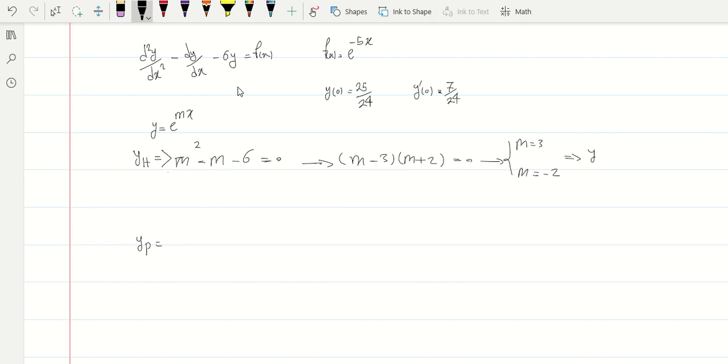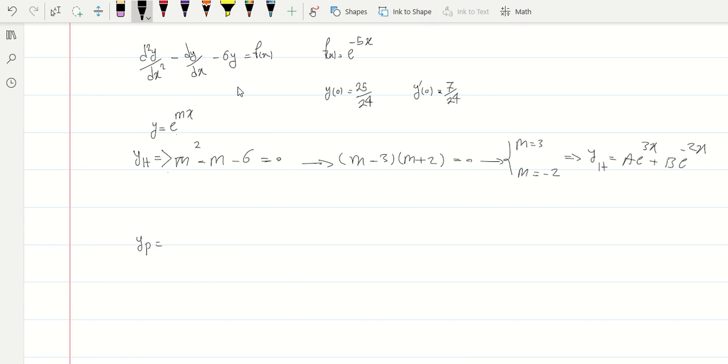That means our homogeneous answer would be a times e to the power of 3x plus b e to the power of minus 2x. Because we find the m values here and we substitute them into the equation we had earlier, which was e to the power of mx, and we use the linear combination and combine these two answers together to get the homogeneous answer.